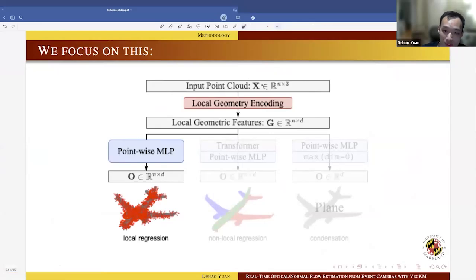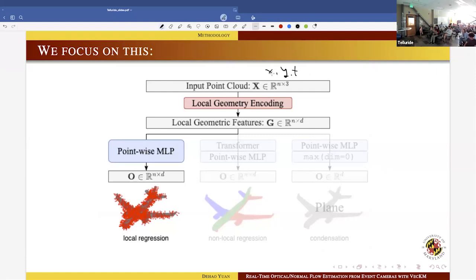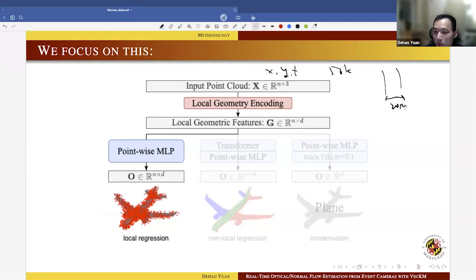Okay. So in this slide, the input is the events, so this is XYT. Here M would be, for example, 50K, because if you collect the events within 20 milliseconds, it is about 50K. So after you get this 50K by 3 matrix, you input it to this local geometry, which is our backend encoding.